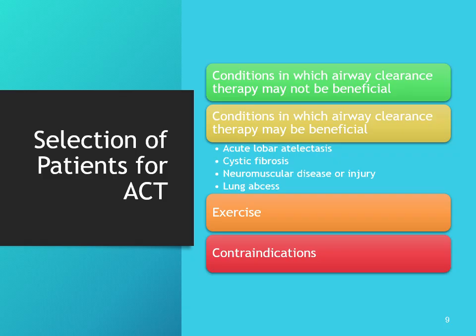Cystic fibrosis: we've known for a long time that oscillating PEP and the vest can be used, and that the more that patients and their parents can do at home or self-care can be really, really effective. So things like huff cough, oscillating PEP, and the vest, as well as exercise, can all be really helpful for patients with CF.